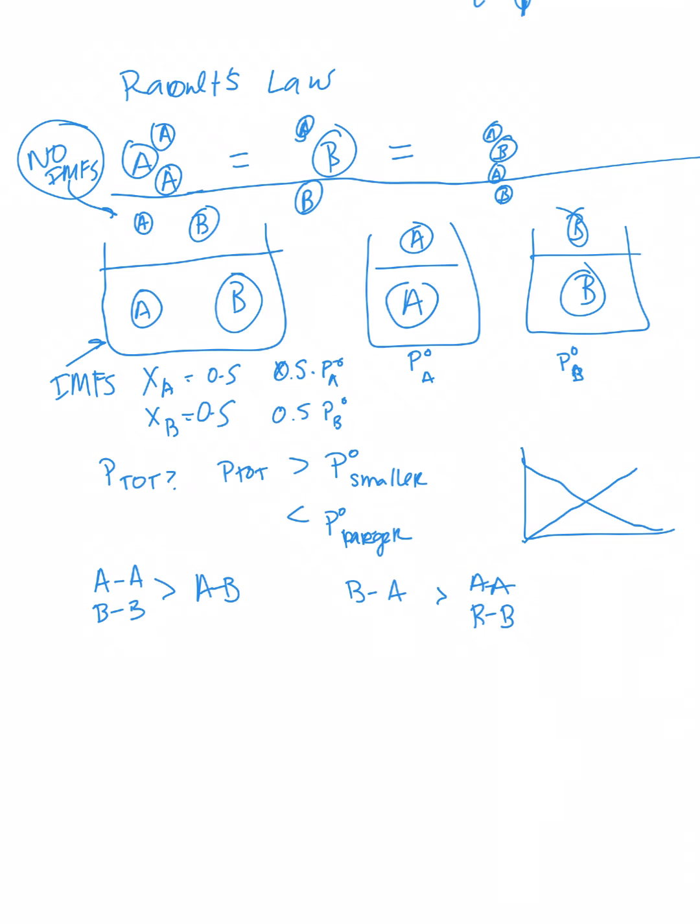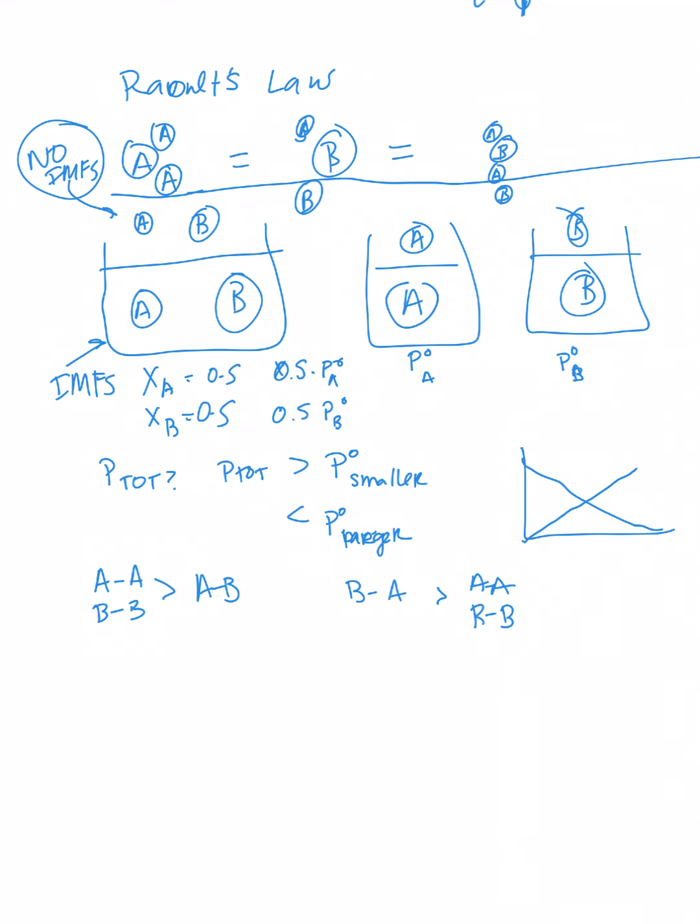Remember, this is really important: for vapor pressure, all our molecules in the liquid form have intermolecular forces between them, but the gases don't. So if our intermolecular forces are stronger, our molecules are more likely to stay in the liquid phase than they are to go into the gas.